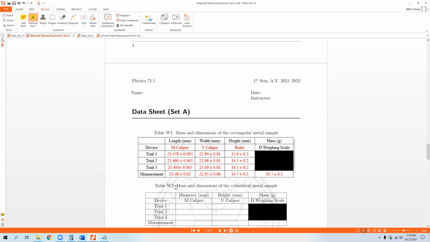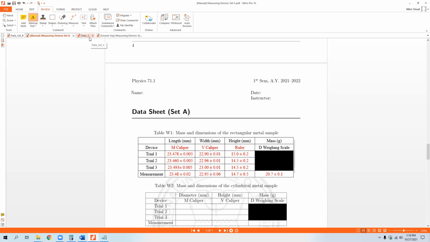So ang measurements dito sa ilalim ay average. So to determine this average, we use experiment 1 techniques. So since we already have a post lab for experiment 1, I won't go over this process. Now, as for the mass of the weighing scale, ang uncertainty niya, kasi siya ay isang digital device, it's just at the same decimal place that is last determined.